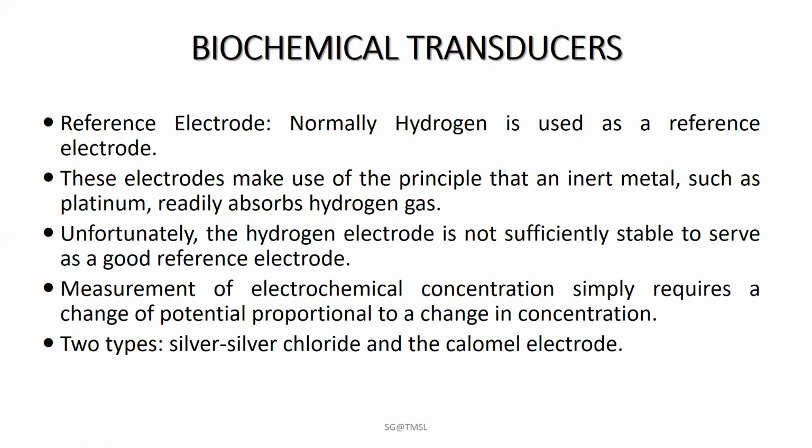Now, in the case of the reference electrode, normally hydrogen is used. Why? Because the hydrogen gas or hydrogen ion interface has been designated as the reference interface, and was arbitrarily assigned an electrode potential of 0 volts.